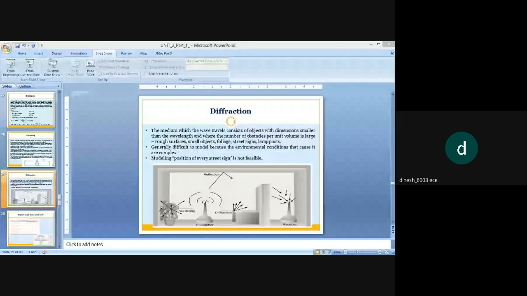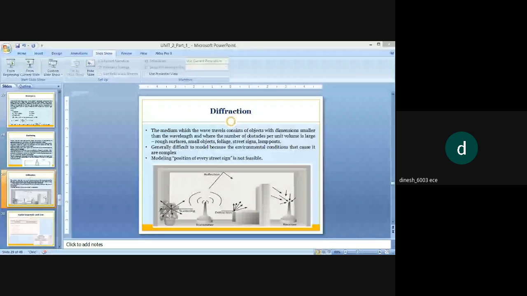In offices with multiple floors, 2 to 6. In offices on the same floor, 1.5. In urban microcells, 2.7 to 3.5. And in urban macrocells, 3.7 to 6.5 is the range.